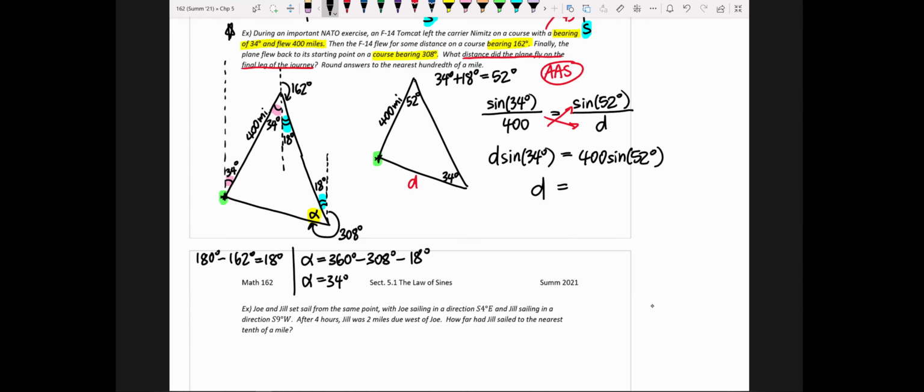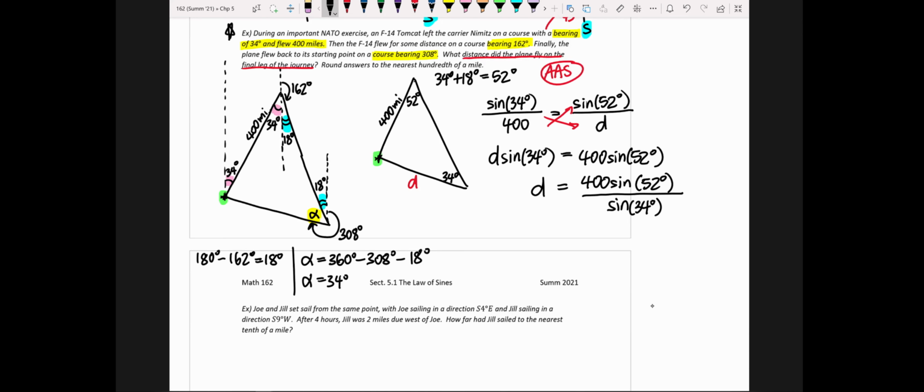Okay, so students, go ahead and isolate d. We want to make sure that our calculator is in degree mode, and then share in the public chat what you're getting for the distance. And when you're looking at our picture, 400 miles is across from 34 degrees. D is across from 52 degrees. So your D value should be greater than 400 miles.